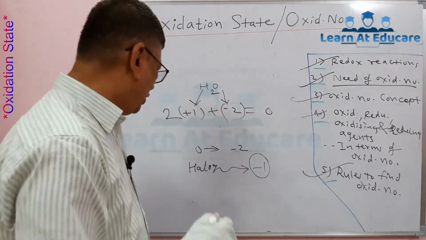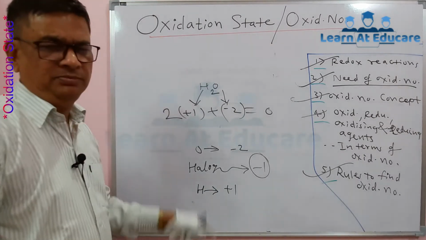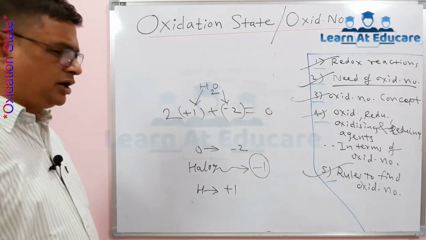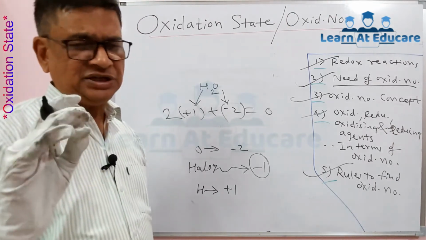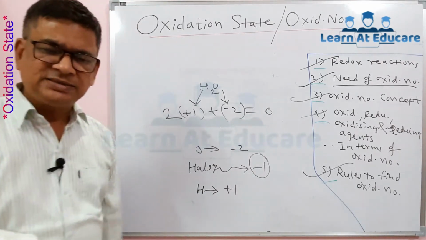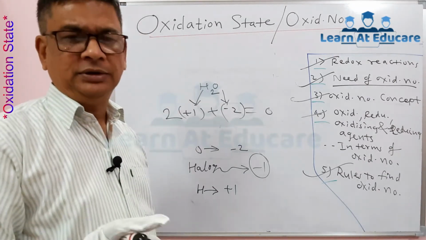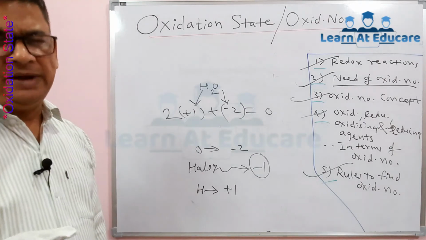Then the oxidation number of hydrogen in most of its molecules and ions is +1. Then a general rule, remember, the oxidation number of metals is positive, and of non-metals is negative, and when a compound forms between metal and non-metal, the non-metal has negative oxidation number and the metal has positive.